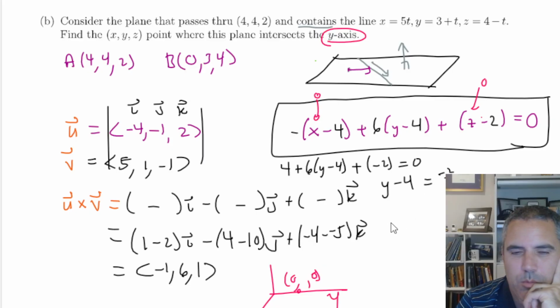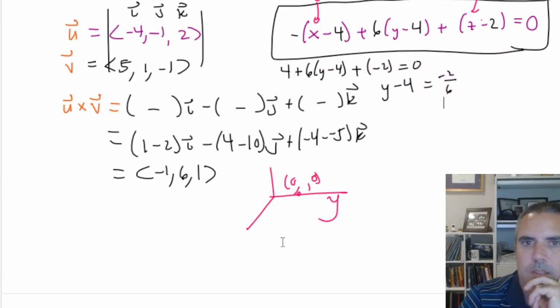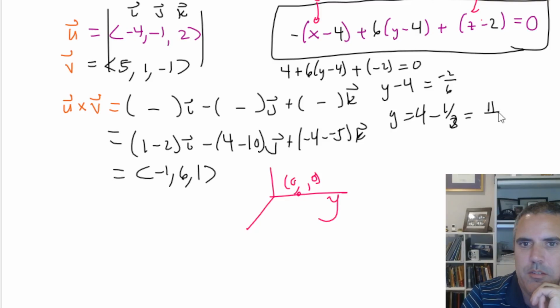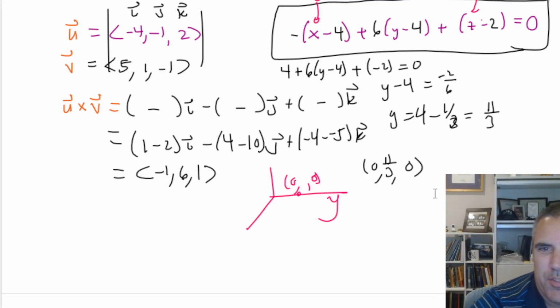Just doing some quick arithmetic, and I know I'm going off the screen. And then you get y has to be 4 minus a third. 4 is 12 thirds, so it's 11 thirds. And that's our little point here. So there's a quick recap, an example of an old exam where we do that.